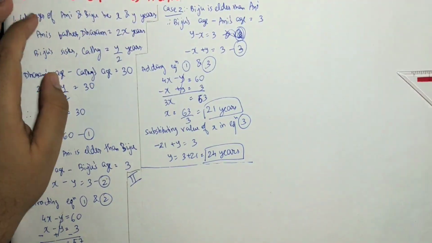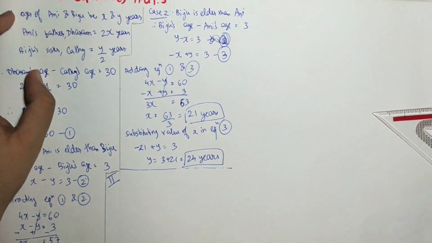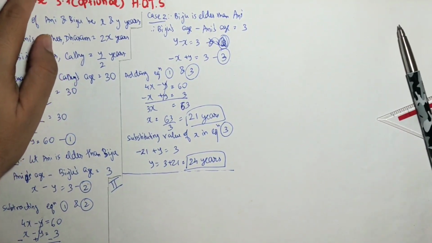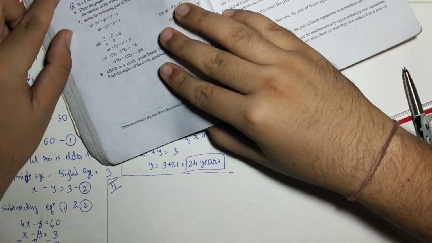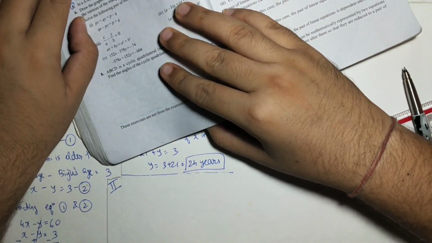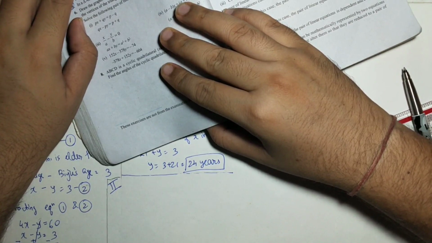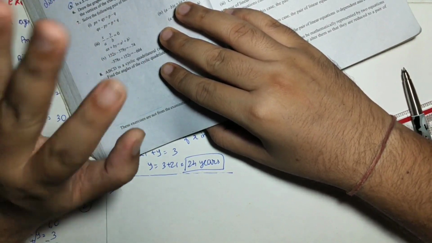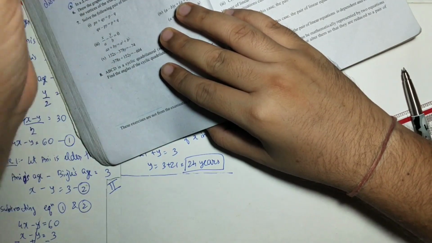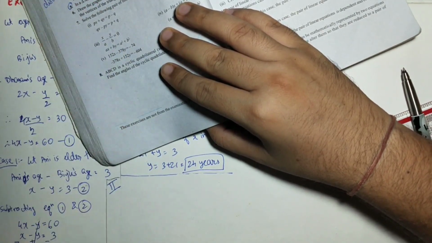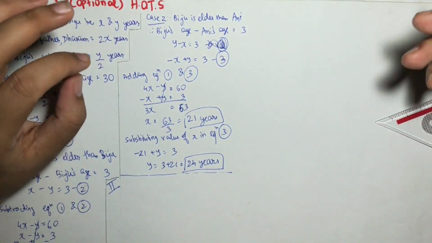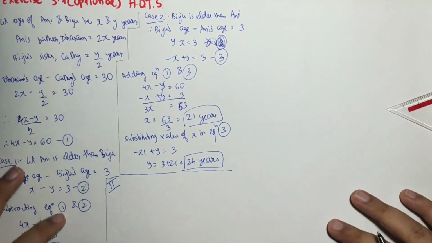So the question says that one friend says to the other, please give me 100 rupees, then I will become twice as rich as you. The other friend replies, rather than giving me 100 to you, you just give me 10 rupees, I will become 6 times as rich as you. So how much amount were they having initially?